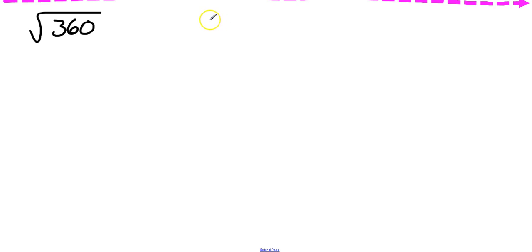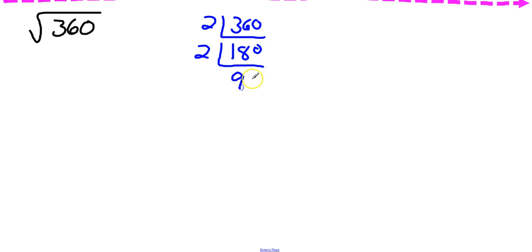If you want to go with the stack method or the ladder method, you take 360 and divide by 2 because it's even. That gets you 180. 180 is even, so you can divide it by 2. That makes it 90. Take 90 divided by 2, get 45. Now it's odd, so we've got to go with something else.